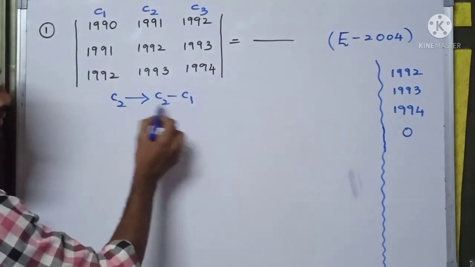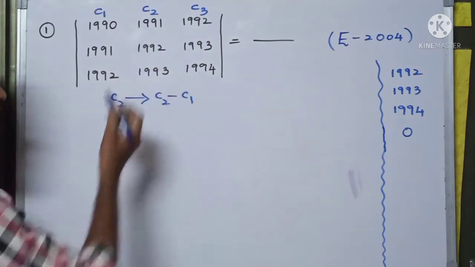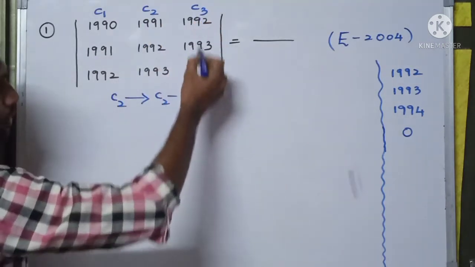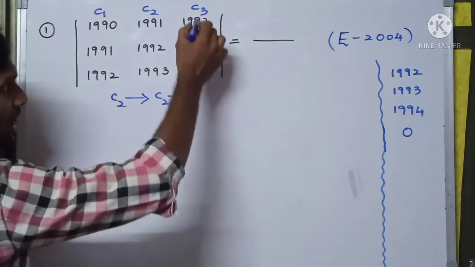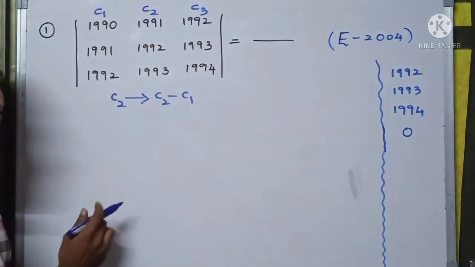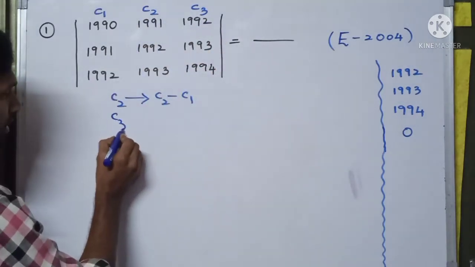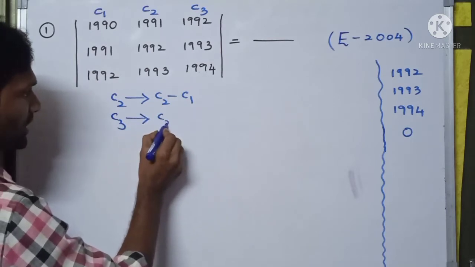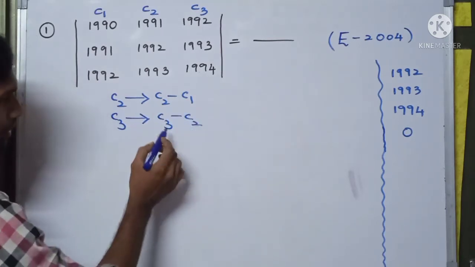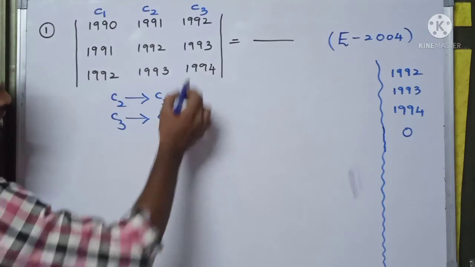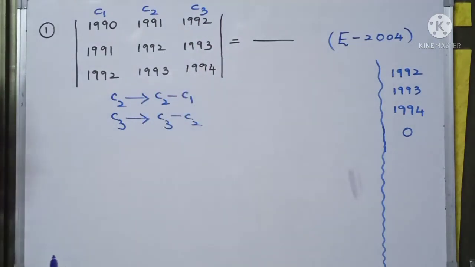Next, come to third column. To change the third column, it is like this: C3 implies C3 minus C2. So this is the standard transformation to change the third column.